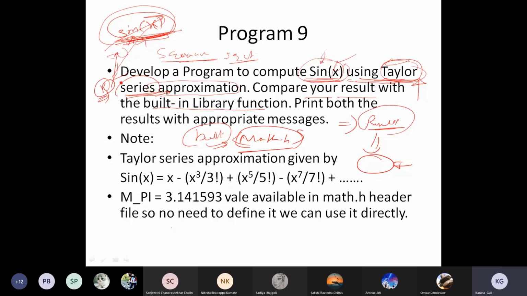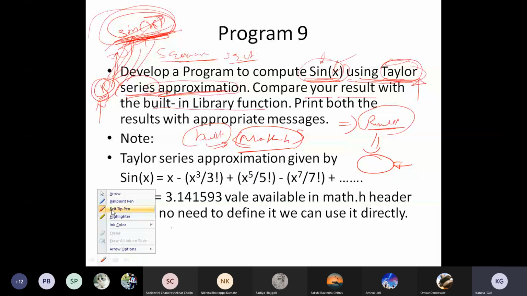Comparing means you have to display both results and check whether whatever result you have calculated is almost equal, because you are going with an approximation. It should be very close to the value we got with the help of the sin x built-in function. This is what the problem is talking about.